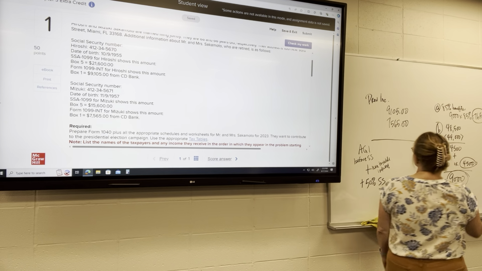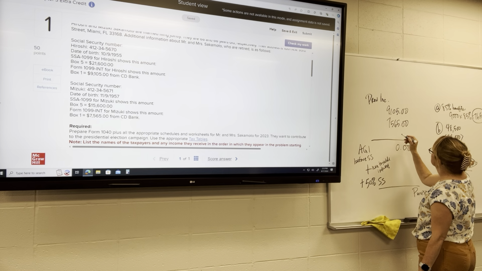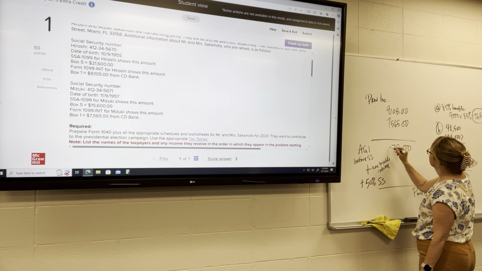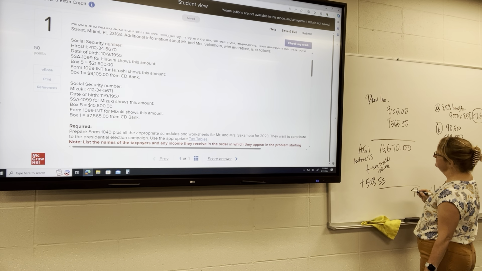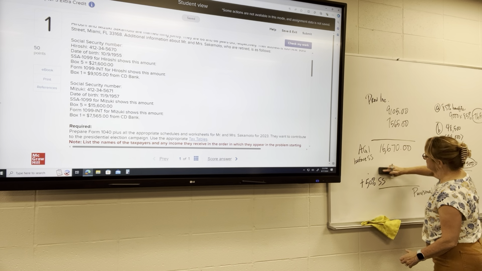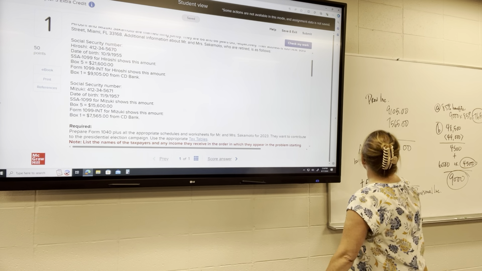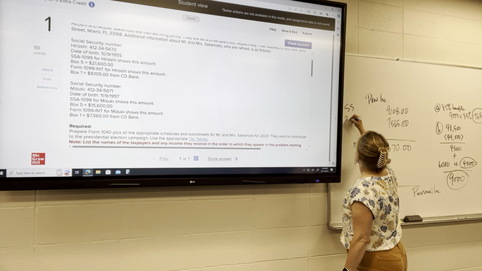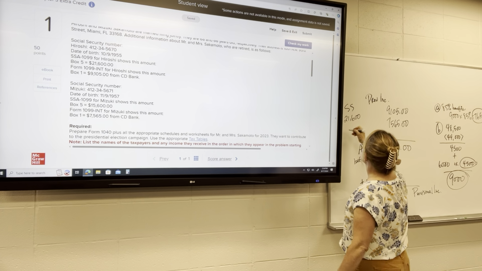Alright, so our AGI before social security is 16,607. We don't have any non-taxable interest here. But we do have to take 50% of our social security benefits. Social security was what, 21,600 and 15,600?